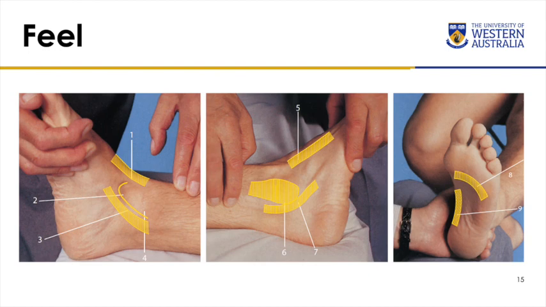On the lateral side of the foot, you have the extensor tendons, pictured as 5, the lateral malleolus, 6, and the peroneal tendons, number 7, curving behind the lateral malleolus. 8 is the transverse metatarsal arch, and 9, the medial longitudinal arch of the foot.